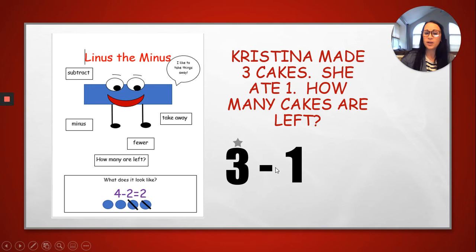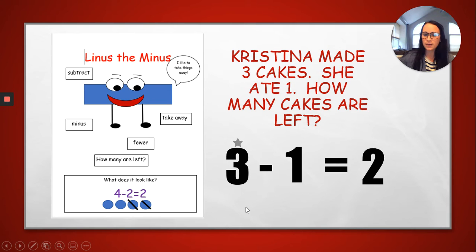Now, after I have those two numbers on, then comes my equal sign. So I had 3, she ate 1, and that equals 2. Great job. So here is my number sentence using my Linus the Minus. 3 minus 1 equals 2.